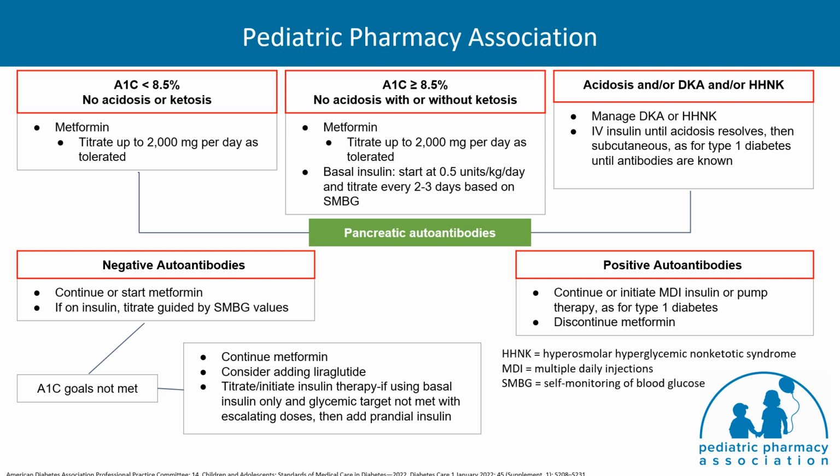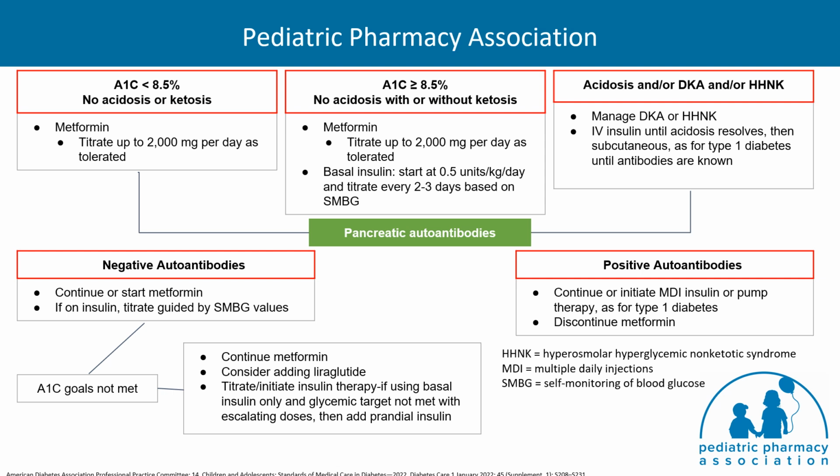So we then check pancreatic autoantibodies. For those patients that are negative for autoantibodies, metformin will either be continued or initiated if they presented with either DKA or HHNK at baseline.